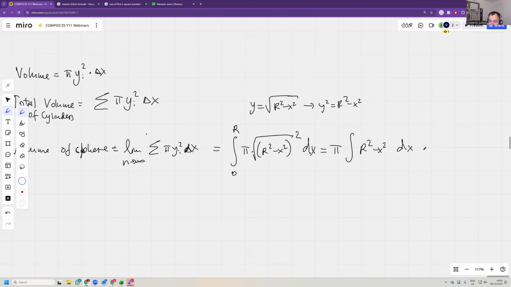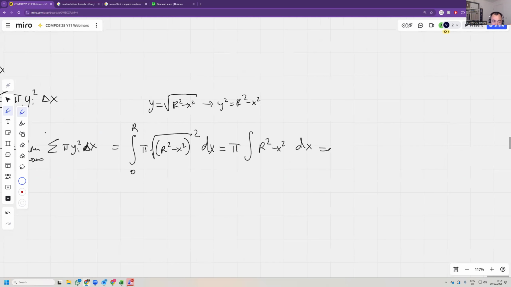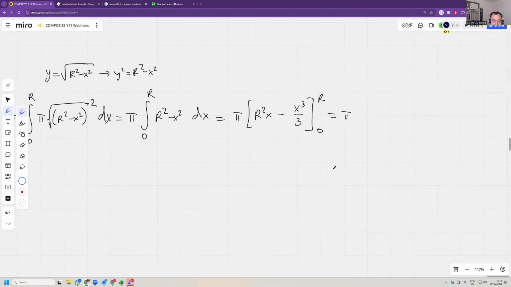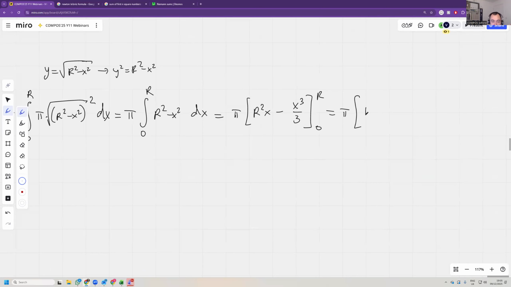And I'm going to integrate that using the linearity of the integral. It's going to be pi, and r squared is a constant, so it's r squared x minus x cubed over 3, from 0 to r. Those are the limits. If I substitute r, that's going to be pi times open bracket r cubed minus r cubed over 3, minus just 0.